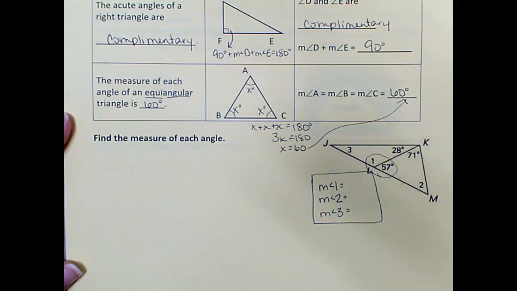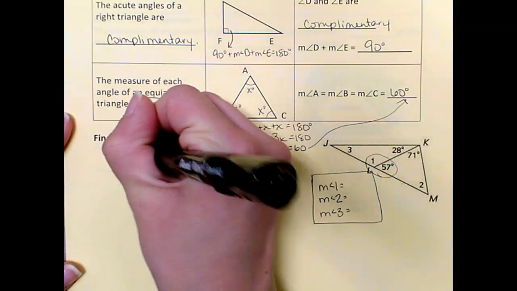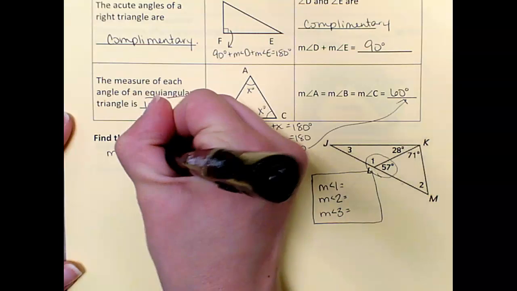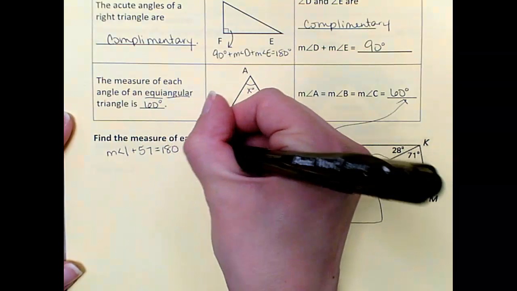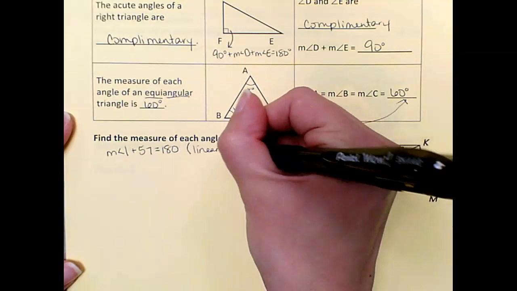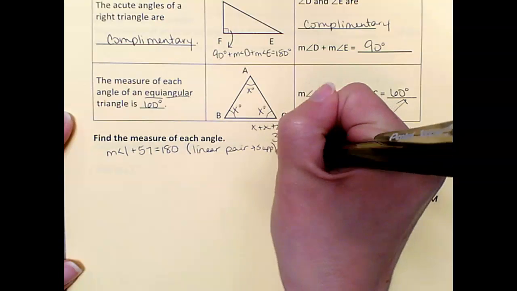And a pair of angles that are creating a linear pair have to add to be how many degrees? They have to add to be 180 degrees. So the measure of angle 1 plus 57 equals 180 because linear pair implies supplementary.